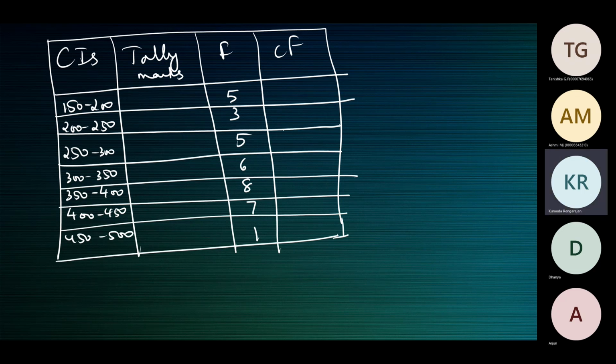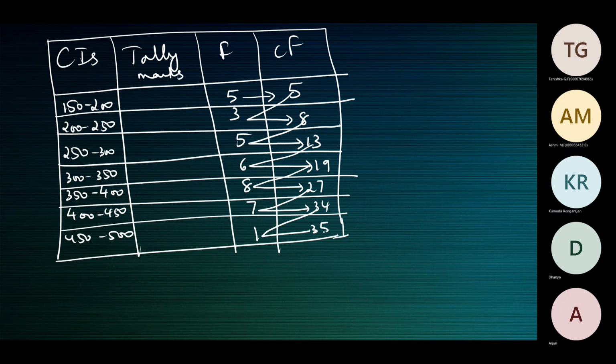Now, how do you find the cumulative frequencies? Write the first frequency as it is. Now, 5 plus 3, 8. 8 plus 5, 13. 13 plus 6, 19. 19 plus 8, 27. 27 plus 7, 34. 34 plus 1, 35.